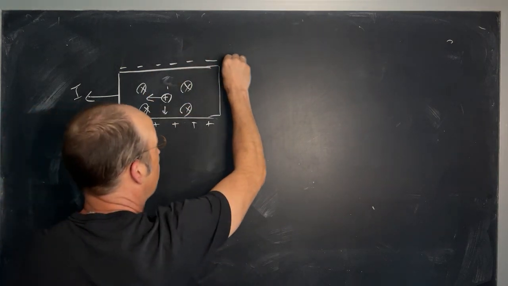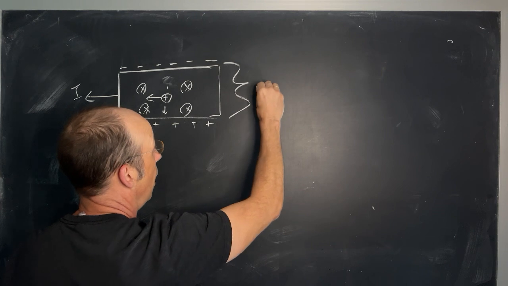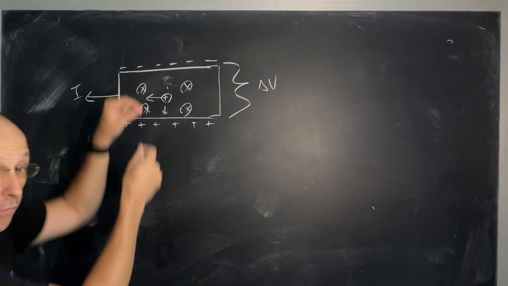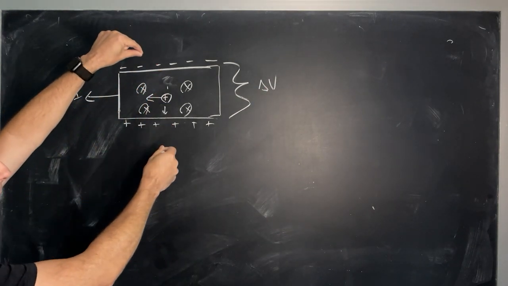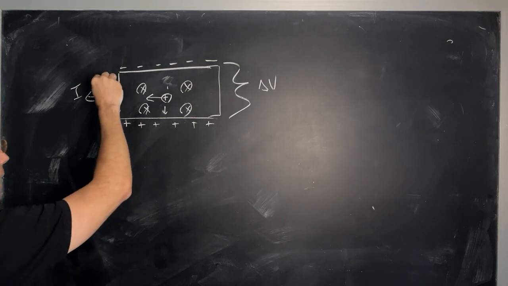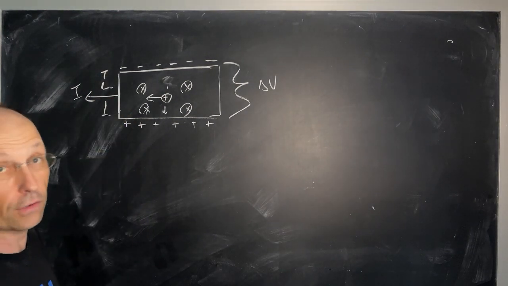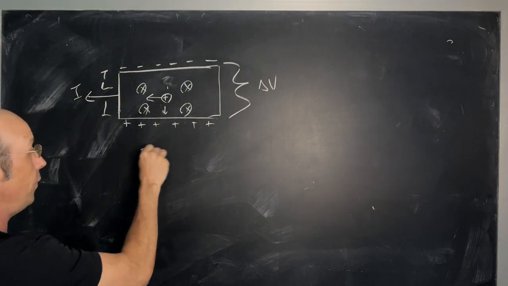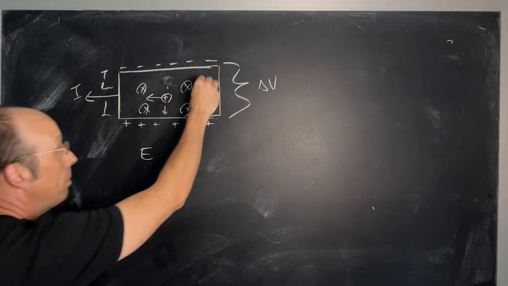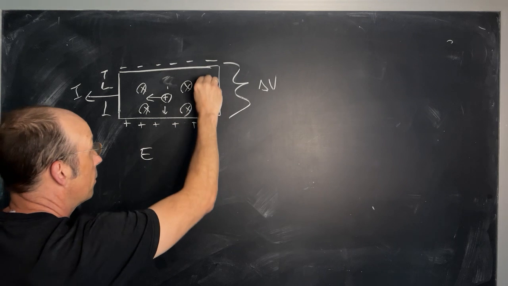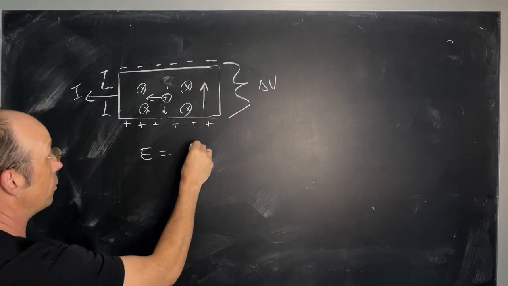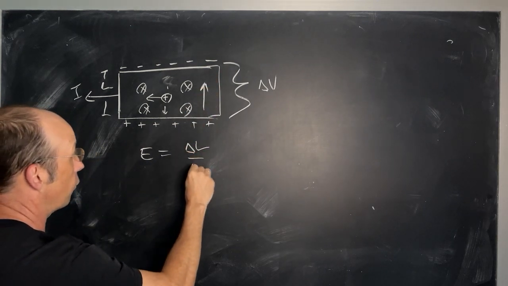With this charge separation, I can then measure the change in potential. I can put a voltmeter up there and measure that. And if this has a length L, I can even calculate the value of the electric field. So the electric field, if it's constant in there, would be up, and it would have a magnitude of delta V over L.